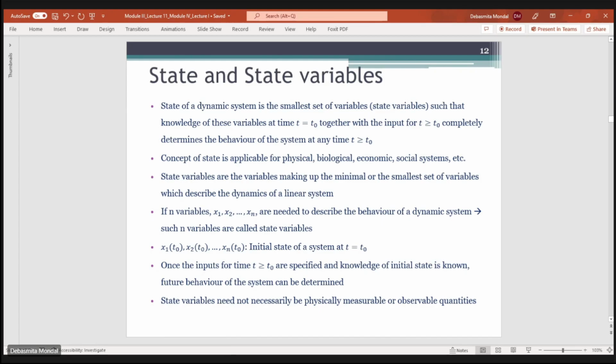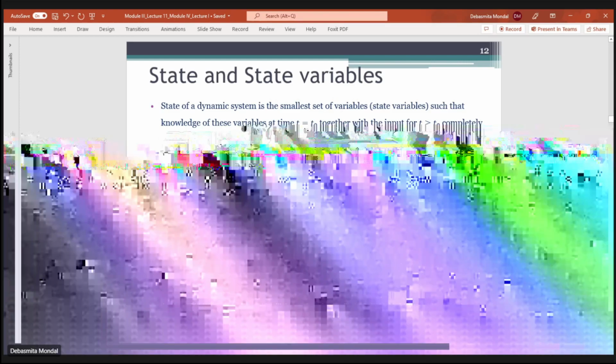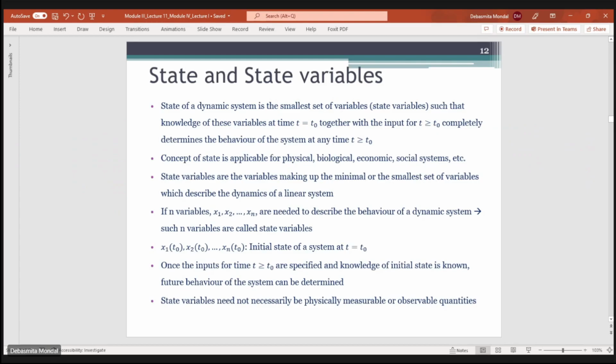It might so happen that you can represent the system using 3 variables, and using 2 variables also you can represent the behavior of the system. In that case, the minimum number of variables needed to describe the system behavior properly is known as the number of state variables.